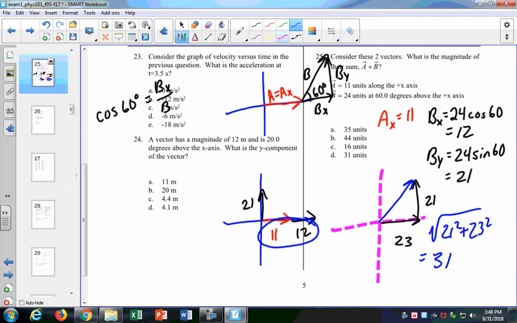No, don't do it that way. We'll talk, it's called the tip to tail method of adding vectors. Whenever you're adding vectors, you begin at the tail of the first vector, and then you end at the tip of the second vector. Or I guess it's tail to tip. I always get it mixed up. Anyway, you begin at the beginning of the first vector, and you end at the end of the second vector.